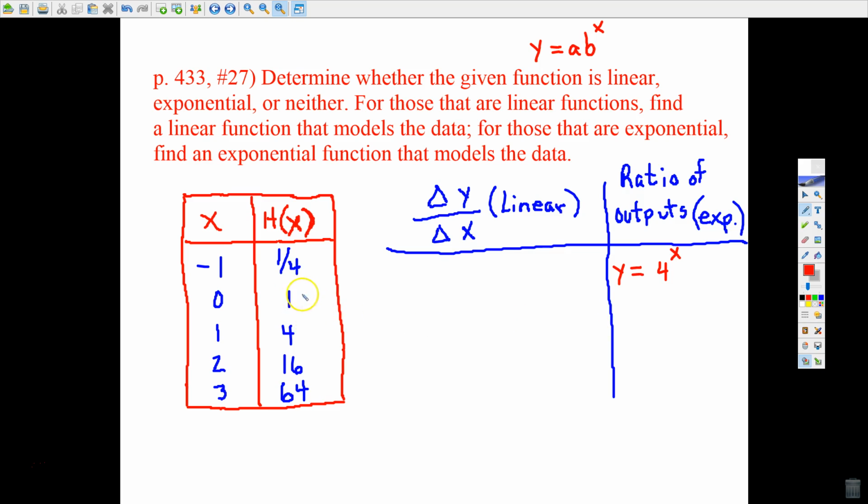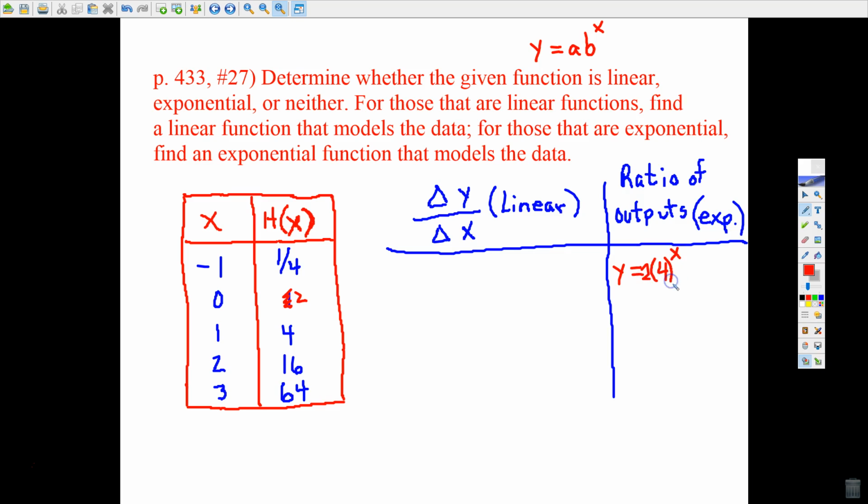Okay, so let me just do a what if. If, for example, I know it doesn't match the rest of the table, but if this number had been 2, well, now when I input 0, I'm supposed to get an output of 2. Well, as it is, I'm only getting an output of 1. So that means that a in this particular case must be 2.